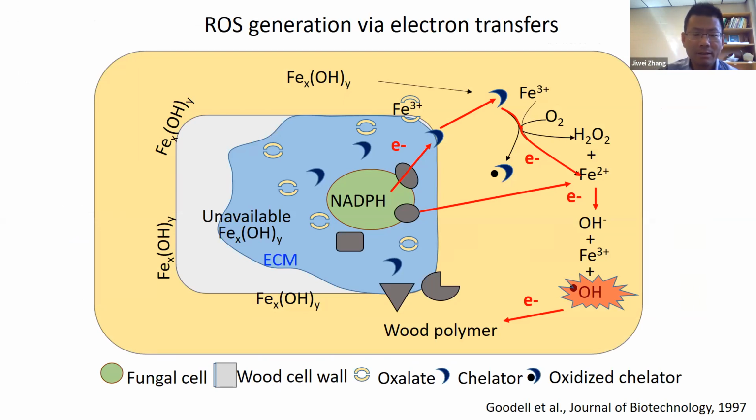And this ROS can actually be generated by electron relays. Basically, this is a middle part, the wood cell wall, the yellow part, and this is a wood cell lumen. In the wood cell lumen, the fungal cells will grow in and penetrate the wood, and they will start secreting metabolites and enzymes to decay the wood.